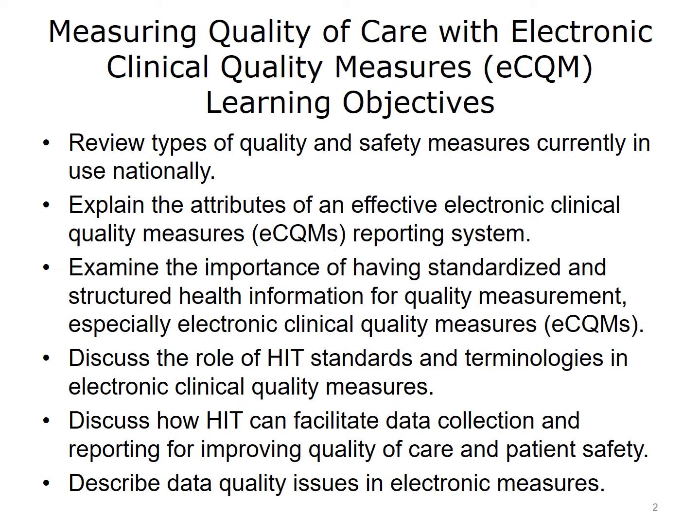Examine the importance of having standardized and structured health information for quality measurement, especially electronic clinical quality measures, ECQMs. 4. Discuss the role of HIT standards and terminologies in electronic clinical quality measures. 5. Discuss how HIT can facilitate data collection and reporting for improving quality of care and patient safety. 6. Describe data quality issues in electronic measures.